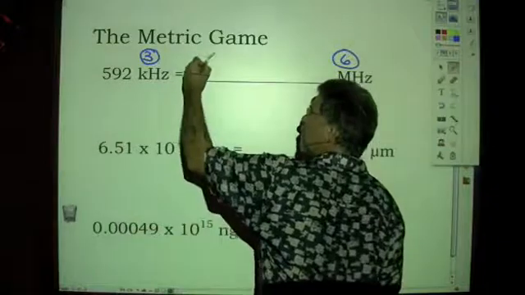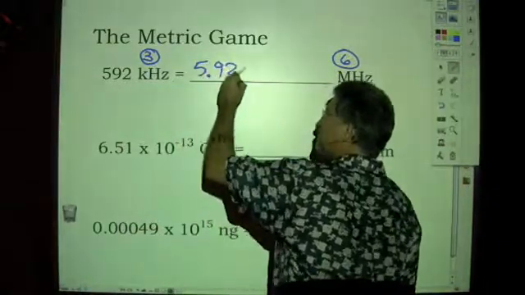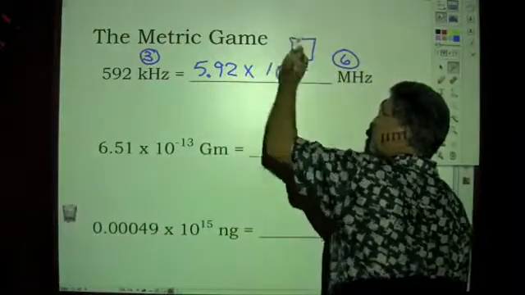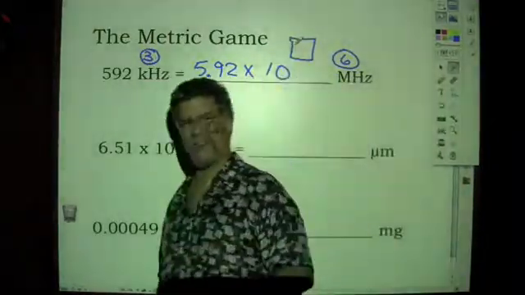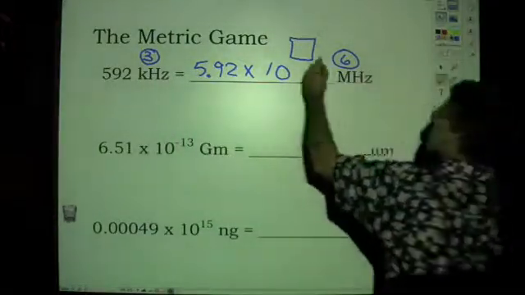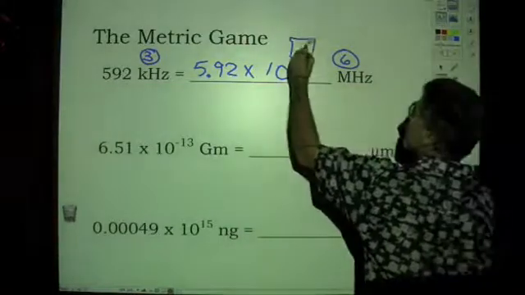So you always put the decimal after the first digit. So 5.92 times 10 to then what I do is I put a box up there so I can play my little game. So I'll make it a yellow box. I can remember how to use this thing.